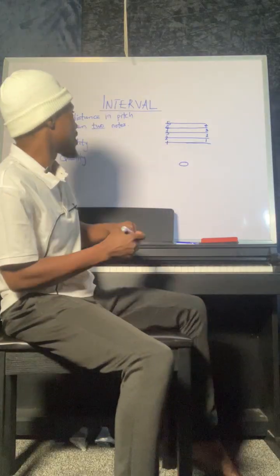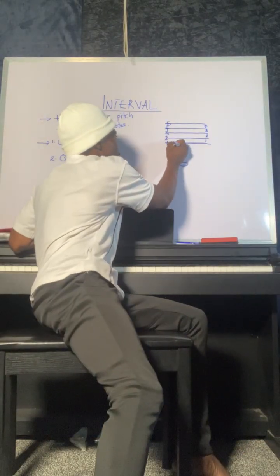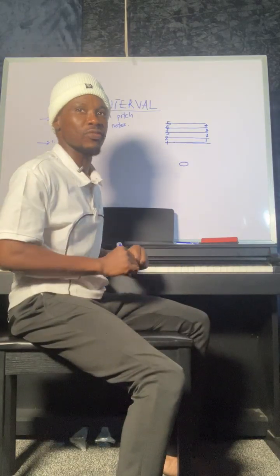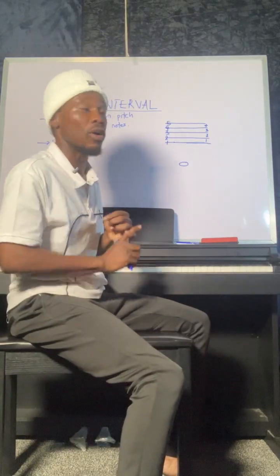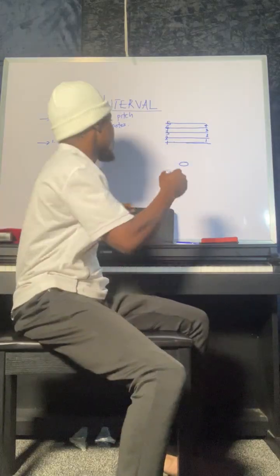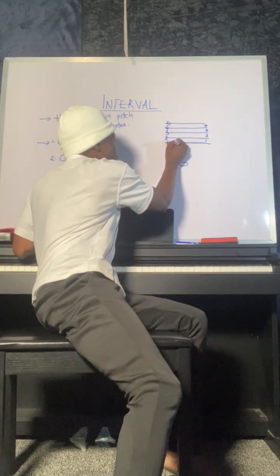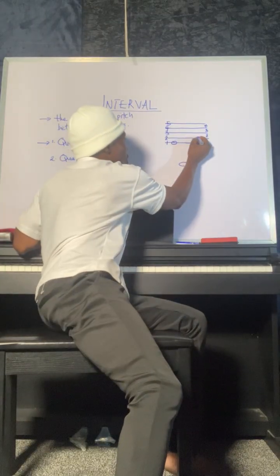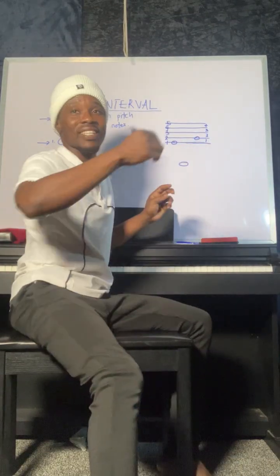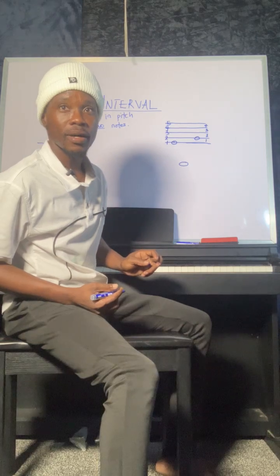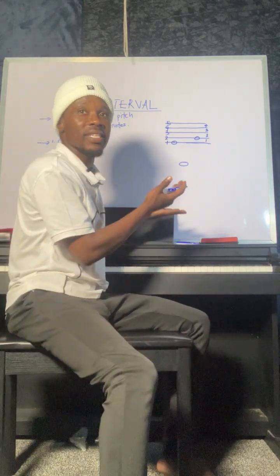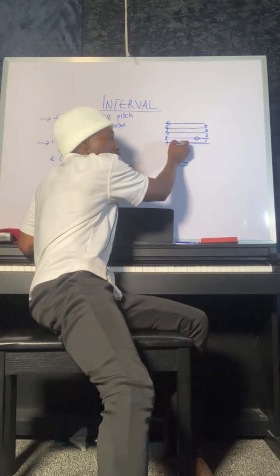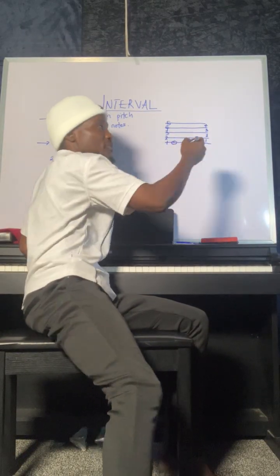Let me explain it further. If I have a note on the first line, the position of that note we count as the first, or let's just say 1. Let's say we have a note on this line and another note on the next line, and we are asked to describe the interval. We start our counting from the first note.